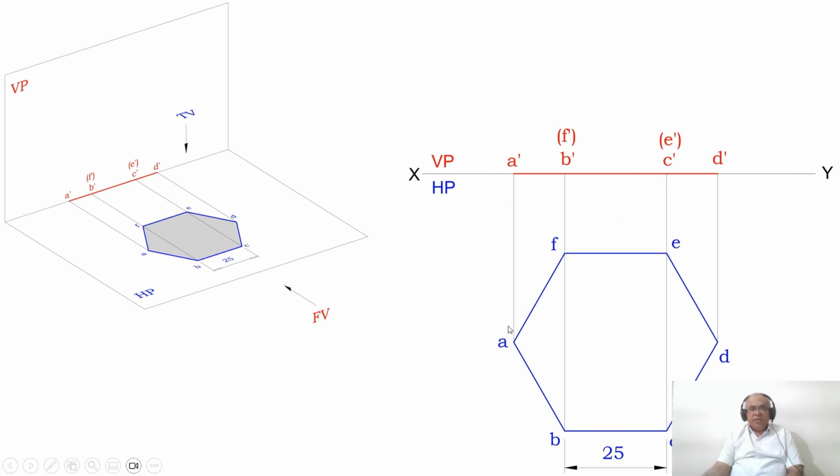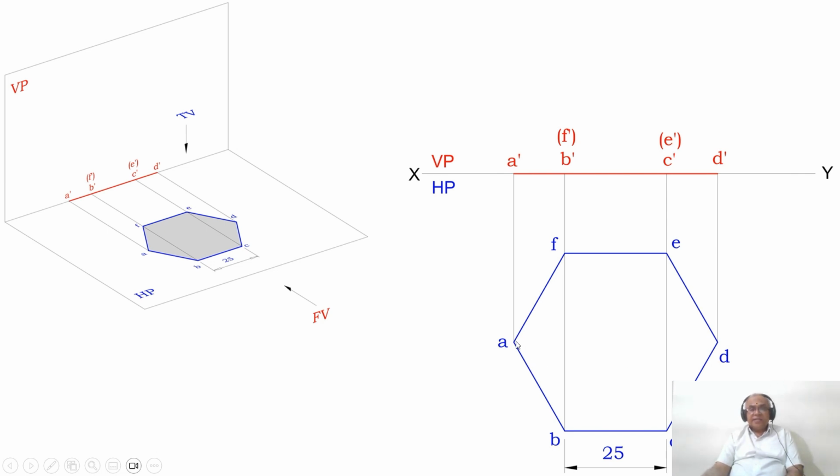You consider the horizontal plane, you draw one horizontal line of any length and you take one position on that horizontal line, and by using the compass you measure a radius of 25 with any one center on the horizontal line, and you draw a circle of radius 25 mm such that this horizontal line is cut at 2 points and you mark them as A and D.